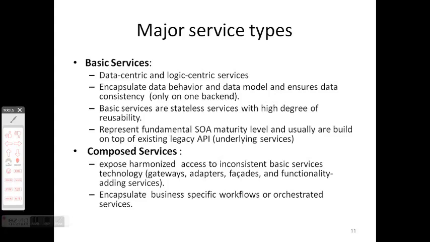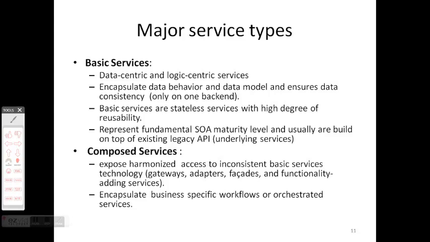Basic services represent the fundamental SOA maturity level and usually are built on top of existing legacy systems, unless an organization starts from the ground up with a greenfield project, in which case it will not be based on legacy systems.